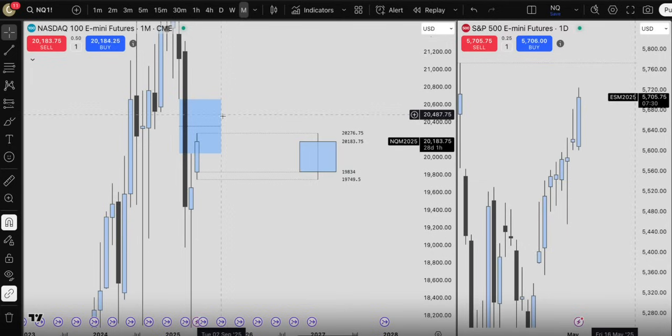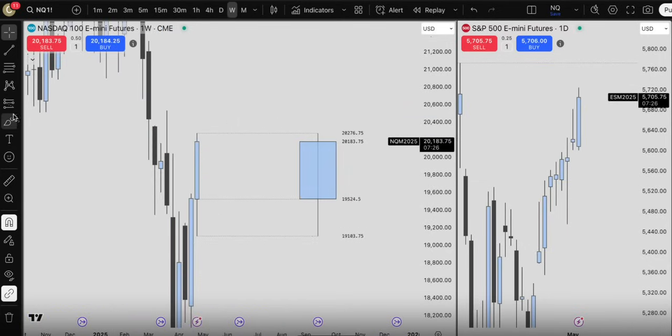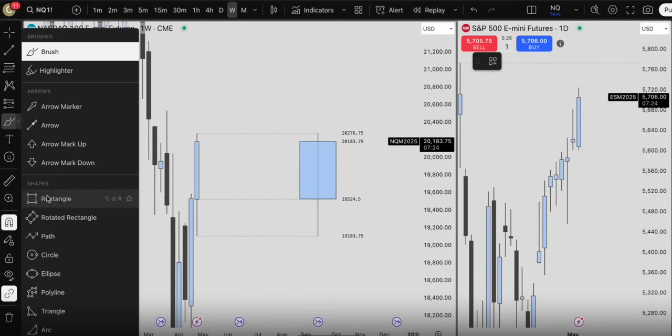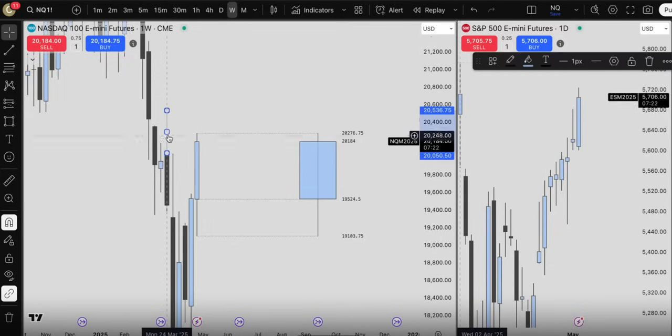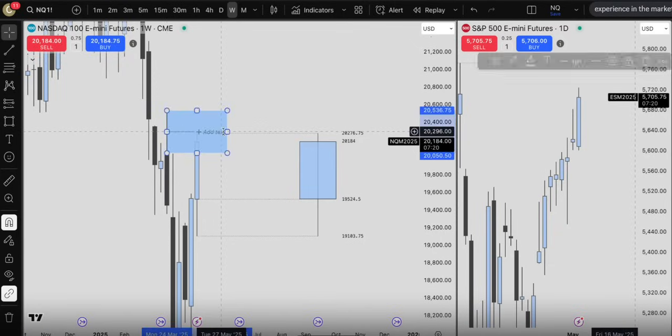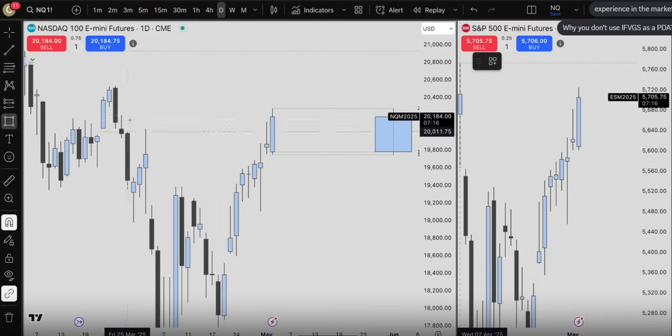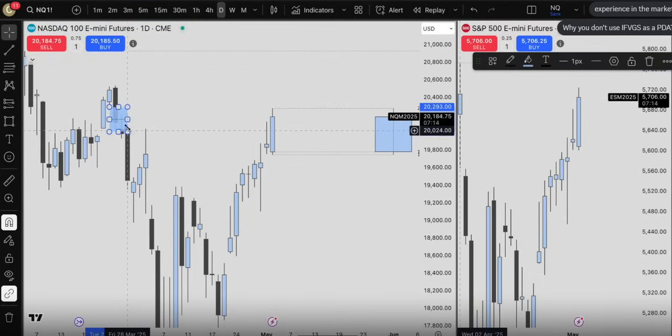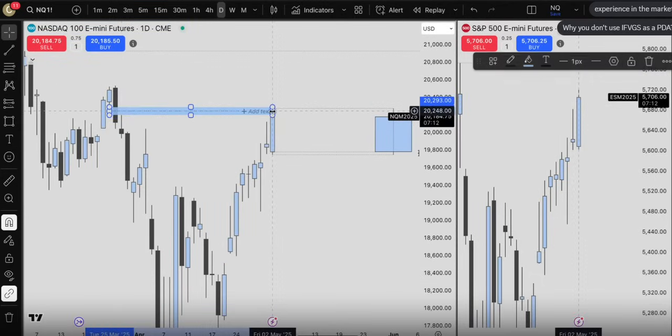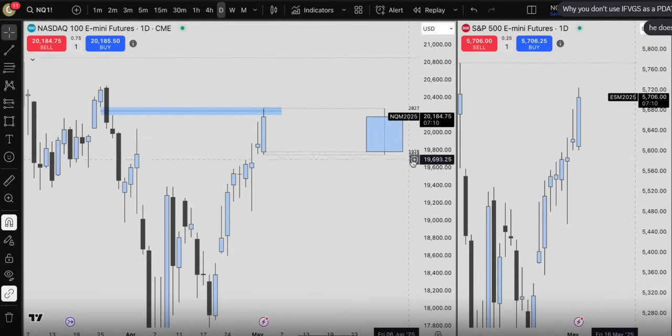So I'm bearish here, and then we also have this weekly CE that we're respecting. And then on the daily time frame, we have this bearish fair value gap right here that we have respected.